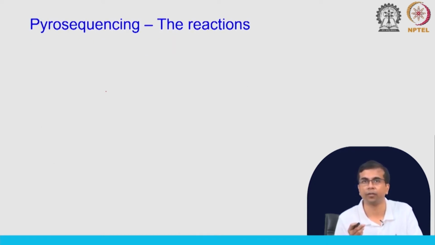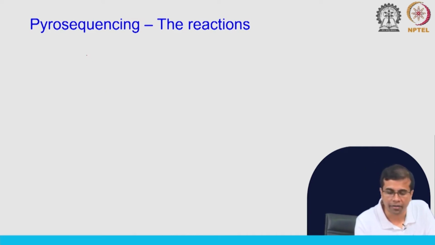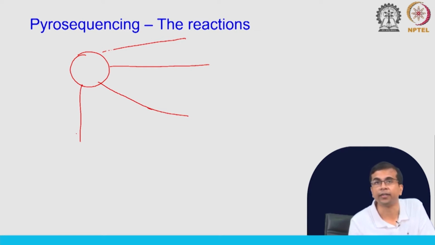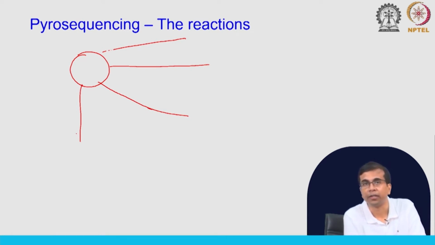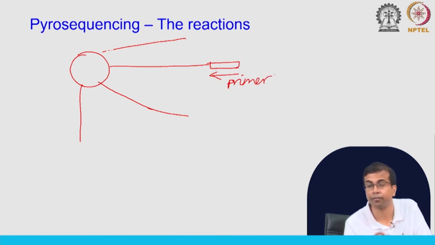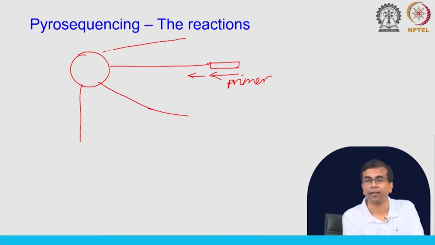So, what are the reactions that happen inside these wells? You have this bead with this molecule, and this is after the emulsion PCR. So, you have generated multiple copies of the same molecule, and we have these adapters here also. So, you can design primers that will bind here during the sequencing process and synthesize the complementary strand.